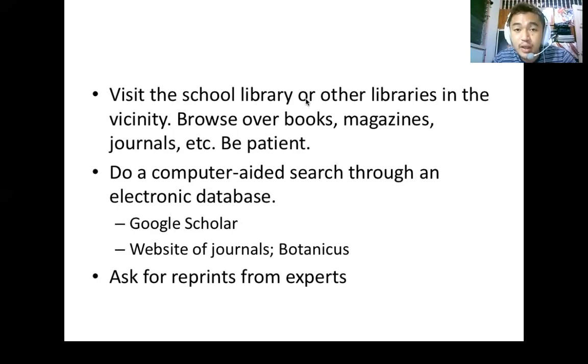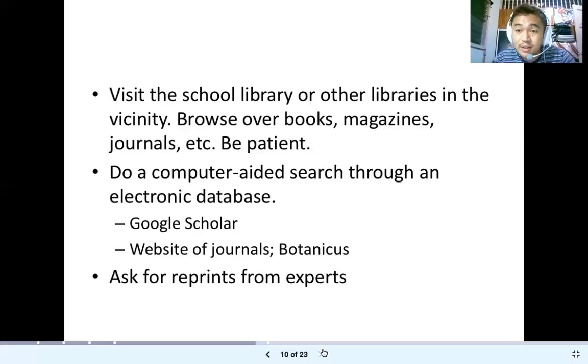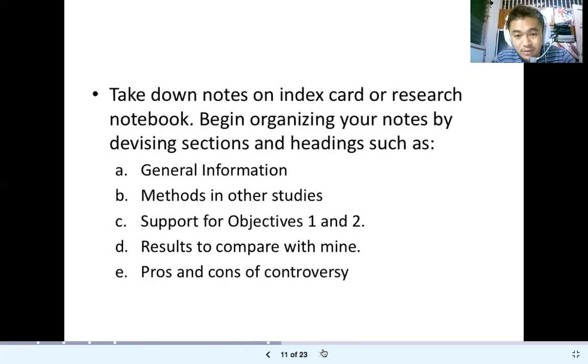But we are encouraging you to always survey the materials that you're going to get. They should always be reliable references. If it is not in a book, you may get it from the internet sources that you have. You have to take down notes over and over again of the information that you get, whether from the book or from the internet.